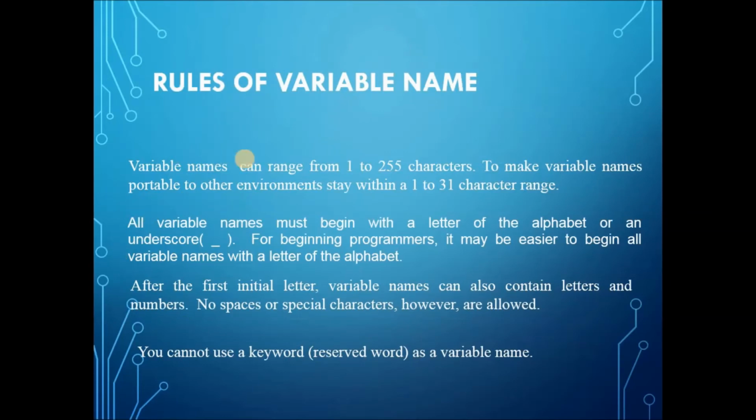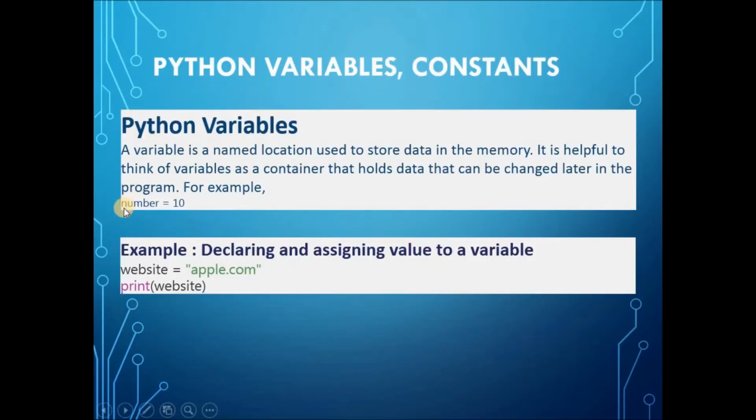After that, all variable names must begin with a letter, you have to remember that, or an underscore. That means see here the variable name we are starting with n. That is a letter. Or you can write an underscore here. You cannot write a number here. And one more thing you have to remember, in a variable name you can use alphabets, numbers or underscore. That means only three things you can use in a variable name. You can write n underscore umber.